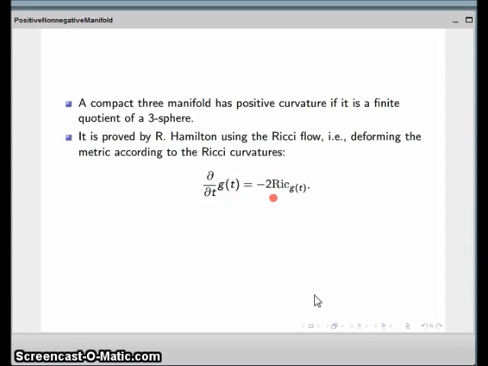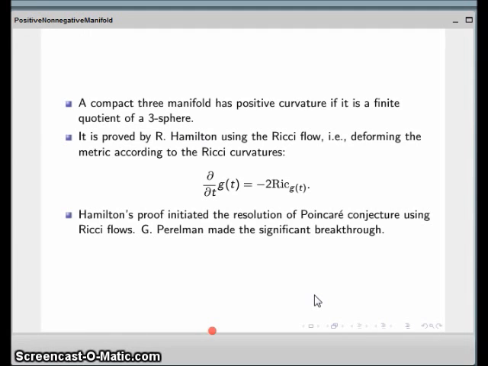Then you deform this metric according to the Ricci curvature, and this gives you a family of metrics. And Hamilton showed that if the initial metric has positive sectional curvature, then the family of metrics will converge, like a sequence, to some limit.